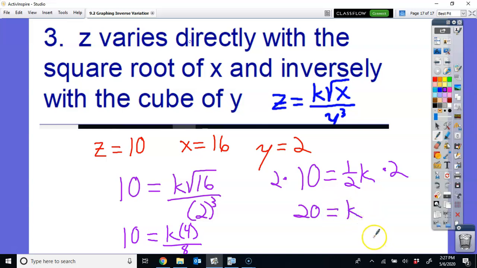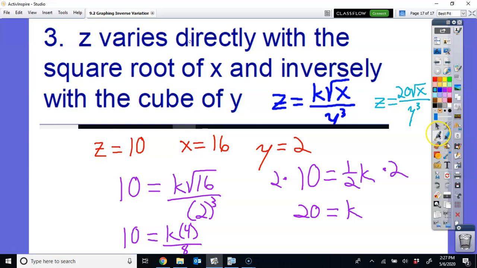So what would my specific function be? It would be z equals 20 times the square root of x over y cubed. So this general function is what the function looks like, the format, the form, if you will. The specific function is what you get when you actually have some values to plug in. If you don't have values, you can't get that constant of variation.